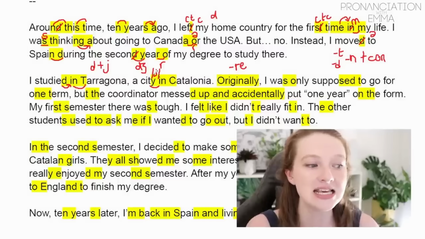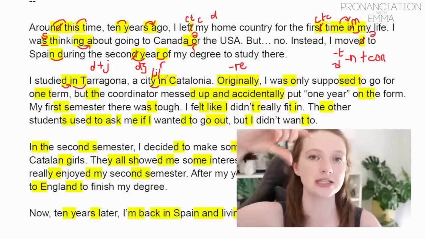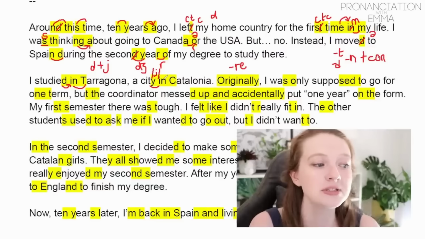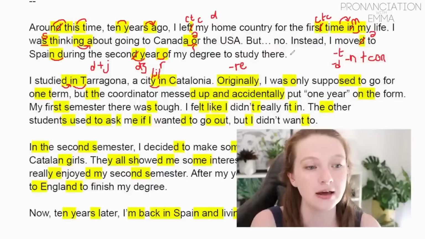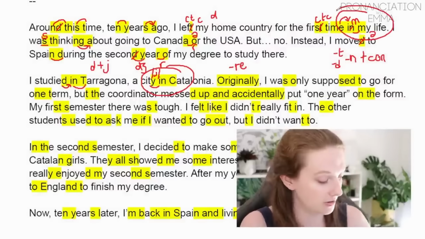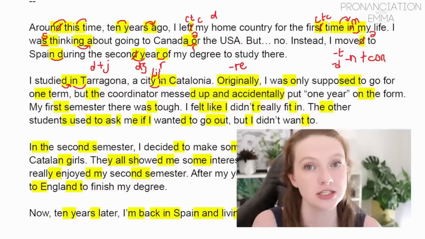A city in. So notice I'm adding that y to the beginning of the next word. I'm saying it like yin, yin. A city in. So together, a city in. Now here, I'm not saying a city in Catalonia. I'm not saying it with an n. The same thing that's happening here is what happened up here. Alrighty? So, in Catalonia, I'm going to change this n to an ng sound.